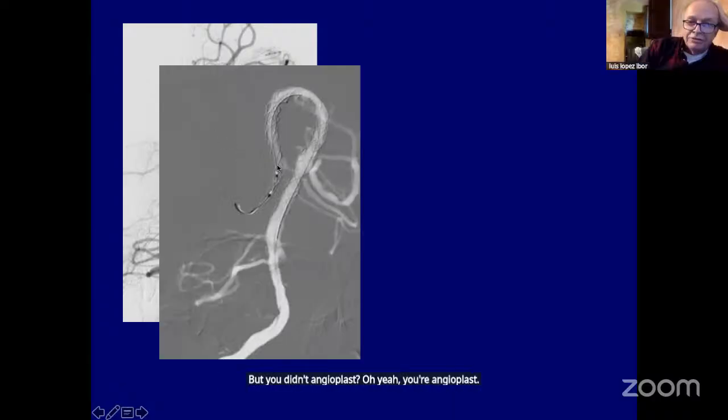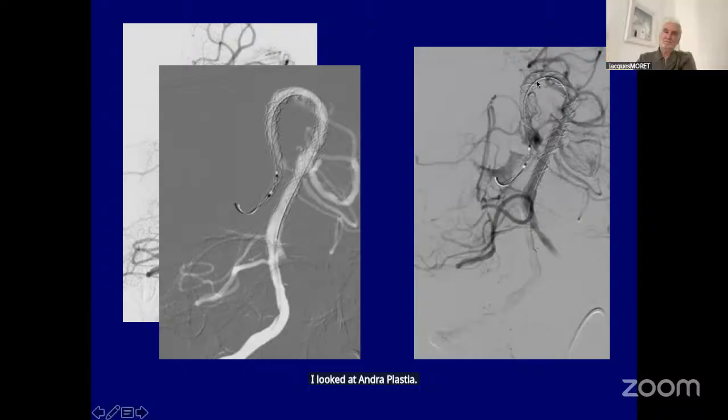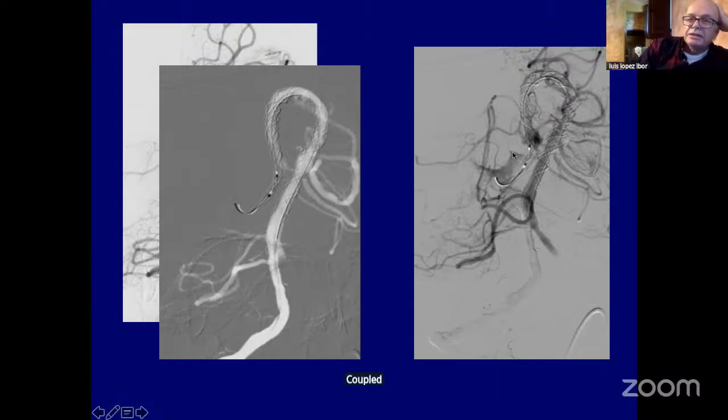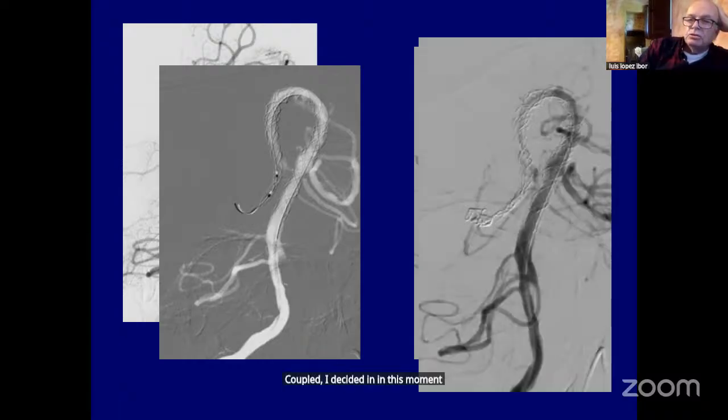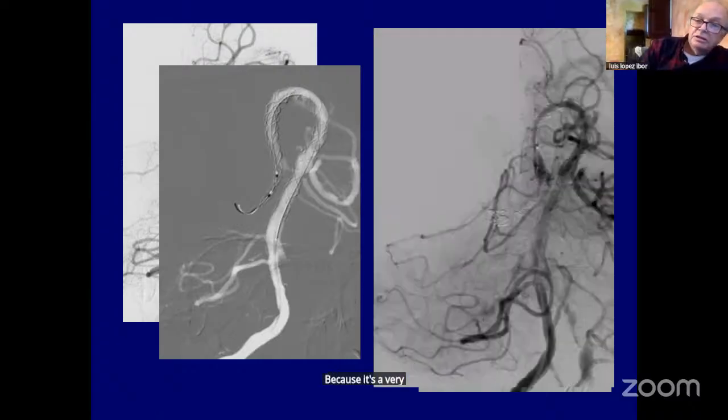I looked at angioplasty, rupture, kaput. But I decided in this moment to close the vessel with coiling because it's a very bad situation.